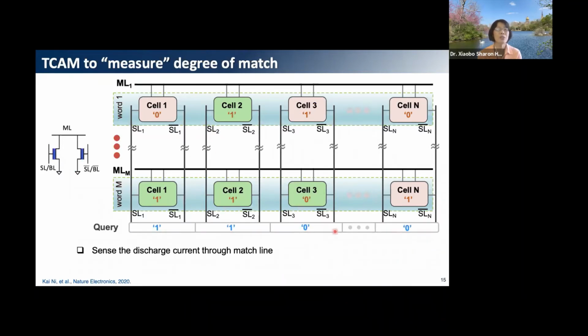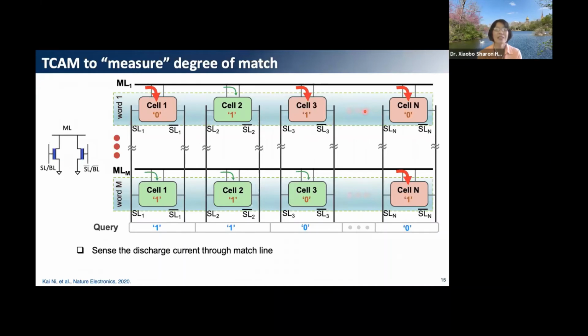If I use this particular query, you can see that word 1 has more mismatched cells than word M. So in that sense, the match line discharge current for word M, or match line M, is lower compared to word 1's discharge current.